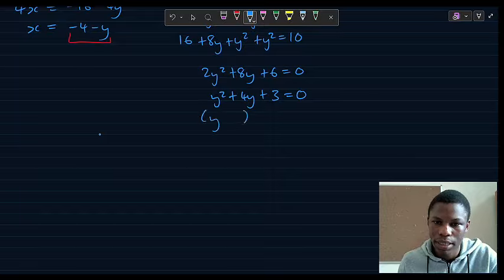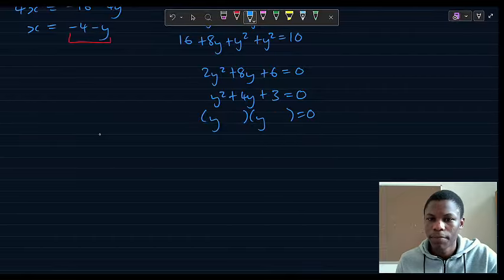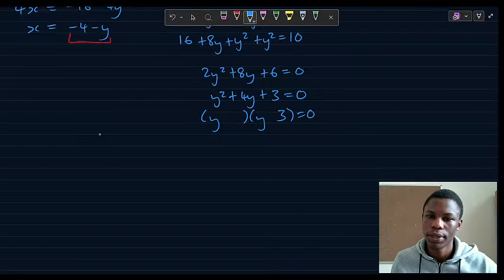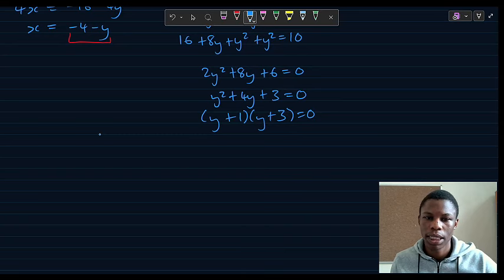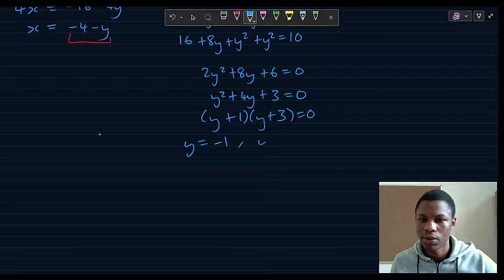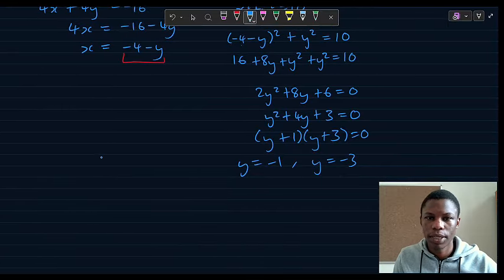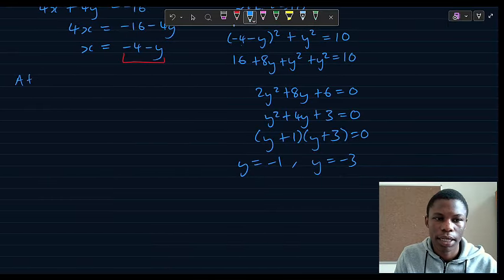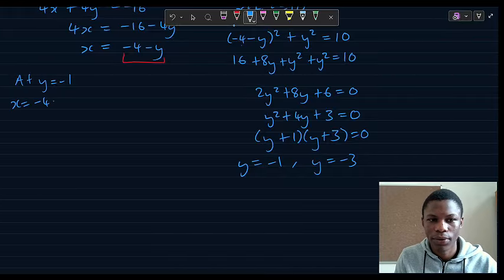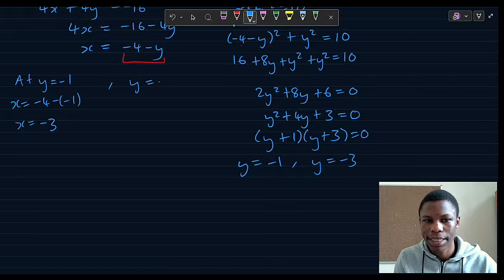And I can factorize this. Factors of 3 that add up to 4: 3 and 1. So either y is negative 1 or y is negative 3. And because we know what y is, we can figure out what x is. At y is negative 1, x would have to be negative 4 minus negative 1. So x is negative 4 plus 1, which is negative 3. And then at y is negative 3, we have that x is negative 4 minus negative 3.